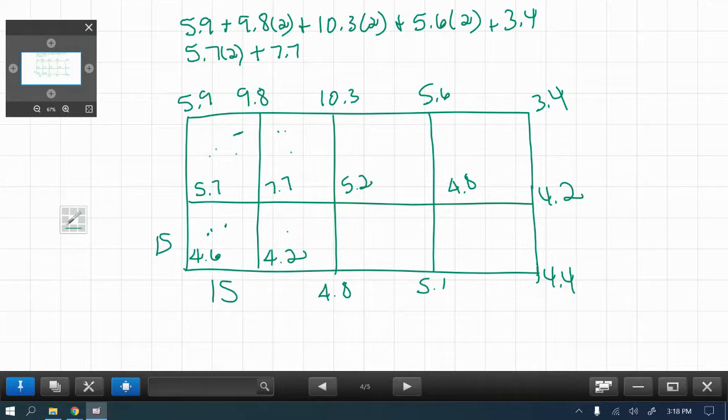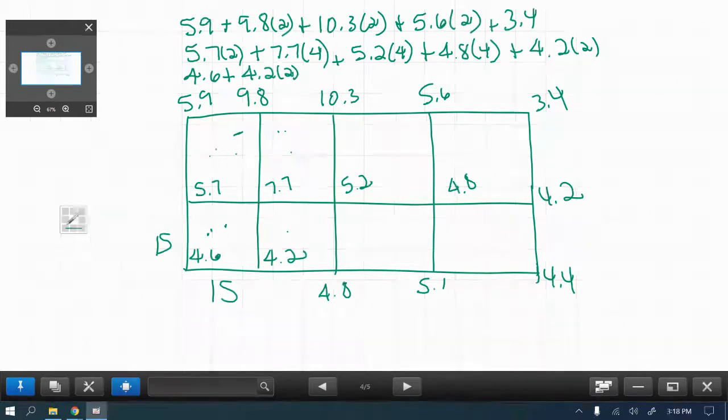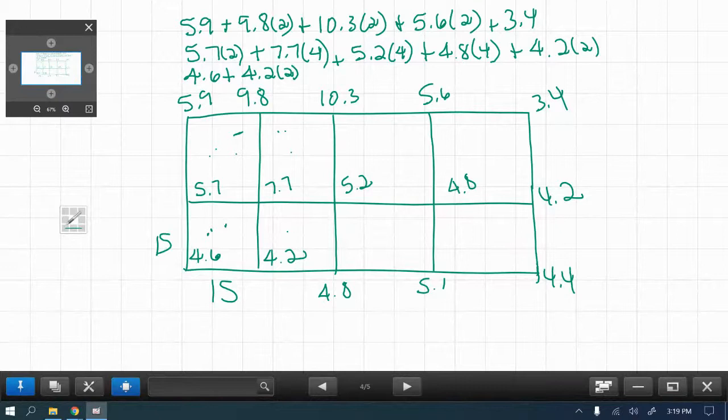1, 2, 3, 4. 4. Plus 5.2 touches 4. Plus 4.8 touches 4. And plus 4.2 touches 2. Then we'll do the last row. 4.6 touches 1. 4.2 touches 2. This one's 4.8, plus 4.8 touches 2.